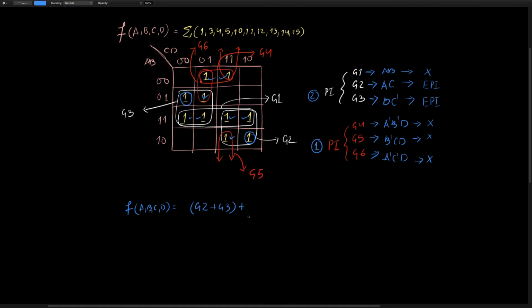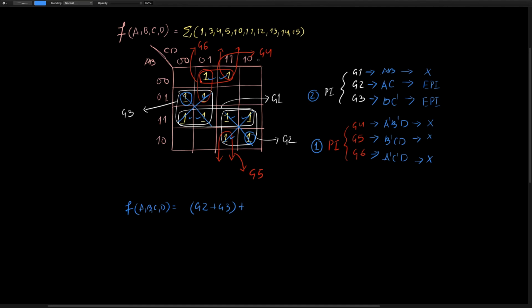That really depends on which group we actually choose. With G2 we are covering all these ones, with G3 we are covering all these ones. So that really comes down to these last two remaining ones, which can be combined in any way.